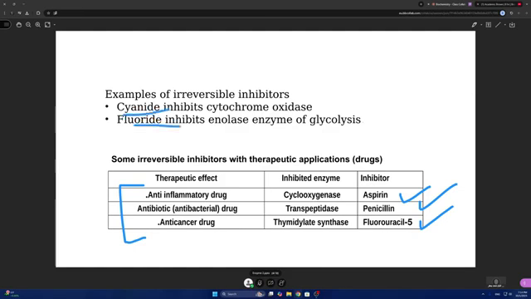Cyanide and fluoride are also irreversible inhibitors. But the bottom three are used as drugs. One of them is used in diagnostics, and the other one, lastly, is used mainly in research for analysis.